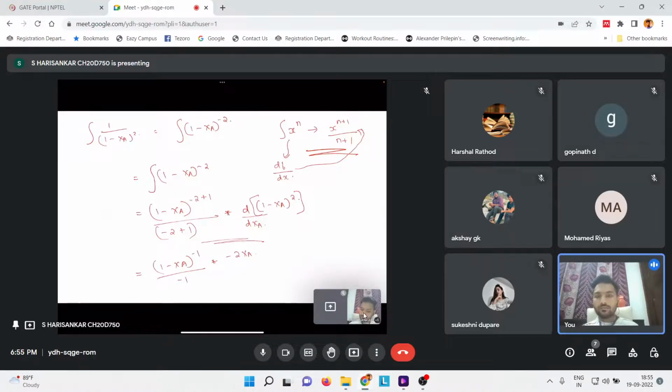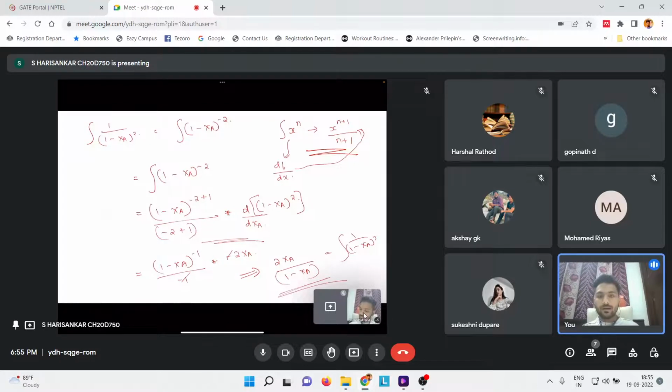Now how we do this differential, I hope you guys know. So this minus 1 and minus will get cancelled, and this will basically become 2xa by 1 minus xa. So this will be integral of 1 by 1 minus xa the whole square.